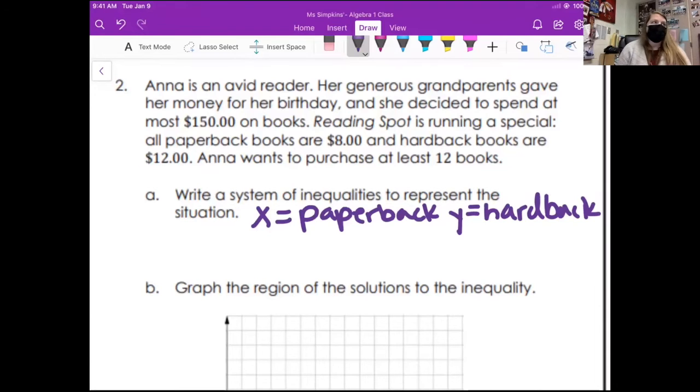So it would be the first thing, 8X plus 12Y. So she can spend at most $150.